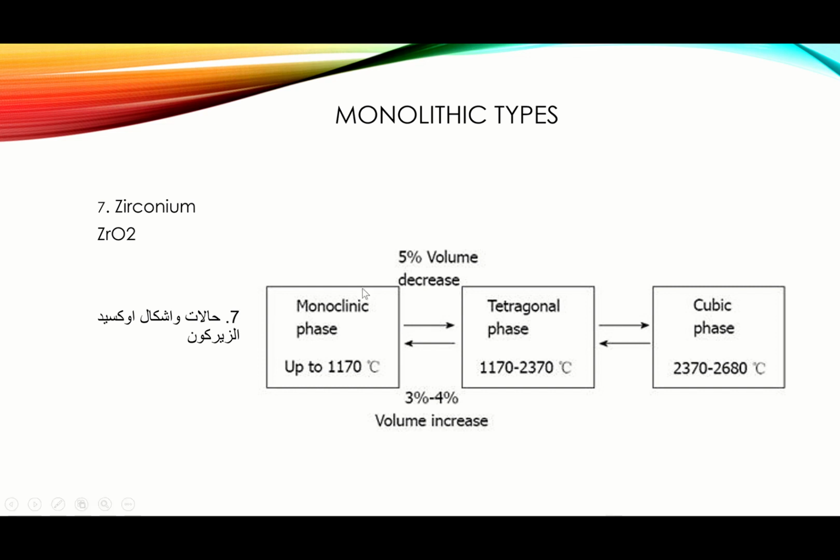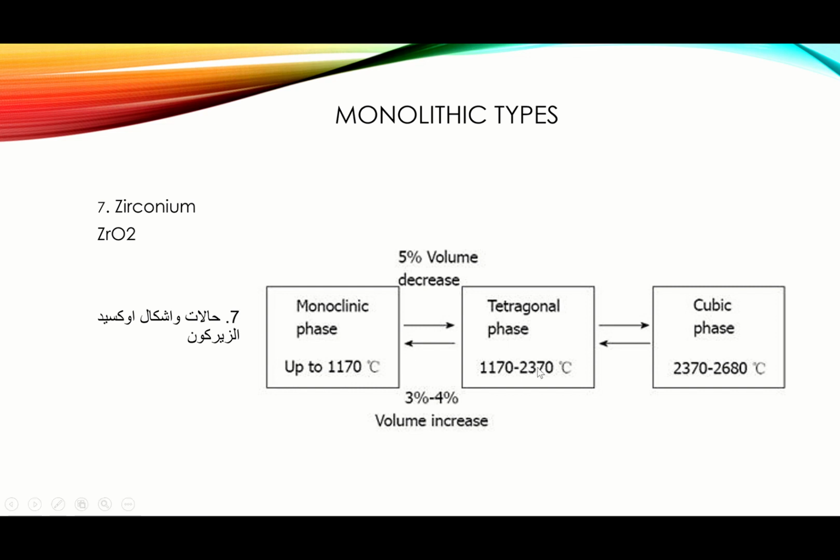Now, this phase, the monoclinic phase, exists up to 1170 Celsius, all right? So from room temperature to 1170, all you have is monoclinic. Say that you heated this zirconia product; it will deform from the monoclinic phase to the tetragonal phase.